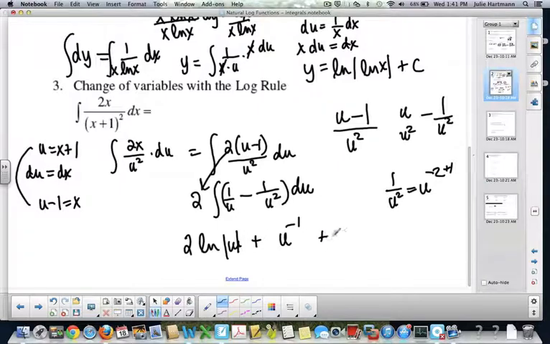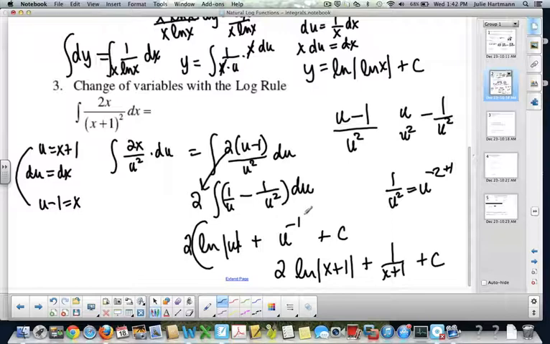Okay, and then of course plus c. So 2 ln of x plus 1 plus 1 over x plus 1 plus c. Okay, little lengthy there, but oh, and don't forget it's 2 times that whole thing. So this really should be 2 over that. Okay, so there's an example there.